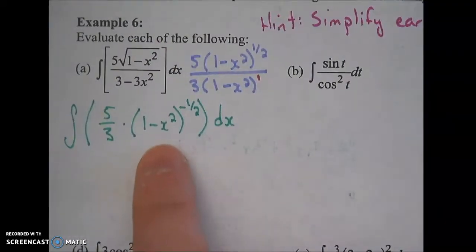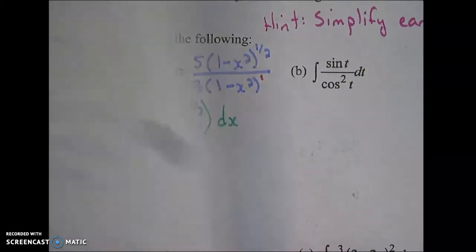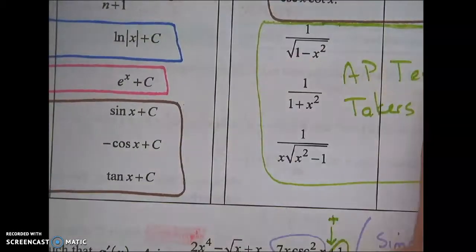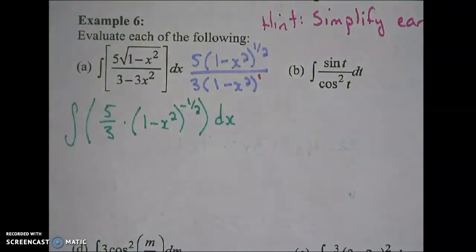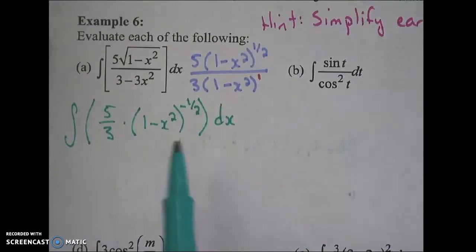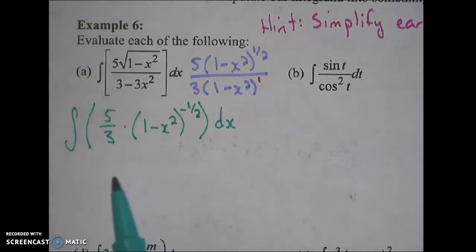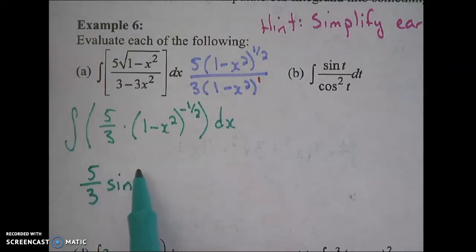So this is the same as what? 1 over the square root, so that's this one. So it's the same as the sine inverse of. Coming back to this, the 5/3 is just the 5/3. That's no big deal. A constant's a constant. The antiderivative of this is sine to the negative 1, sine inverse of x.